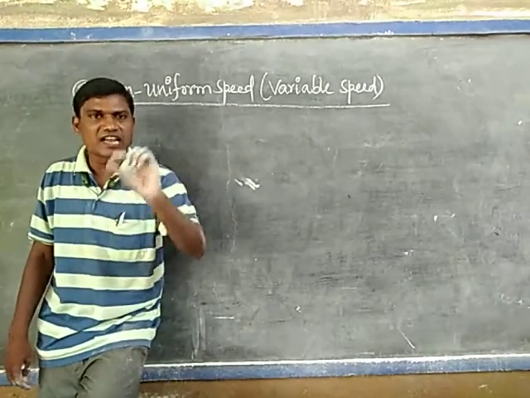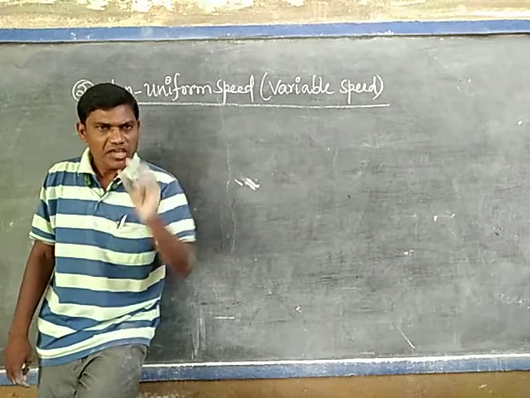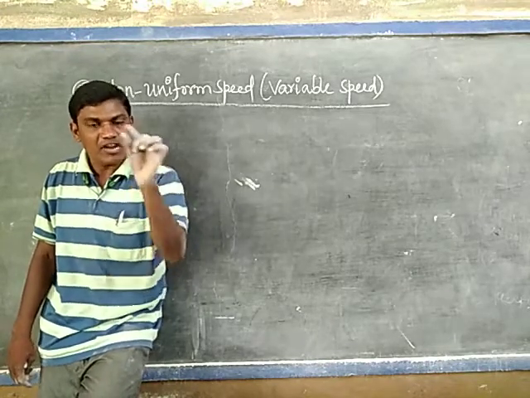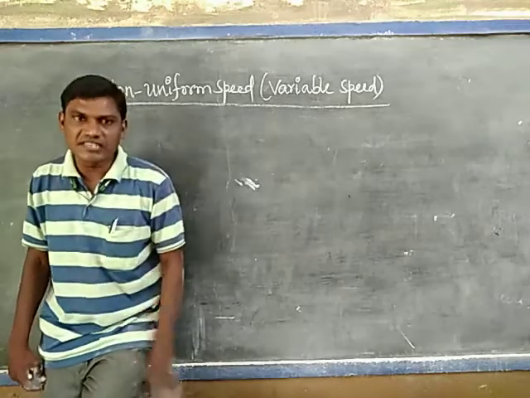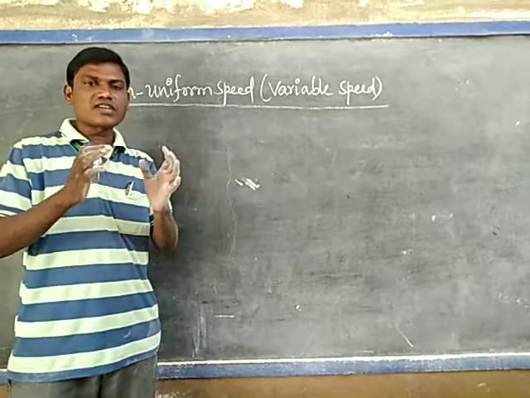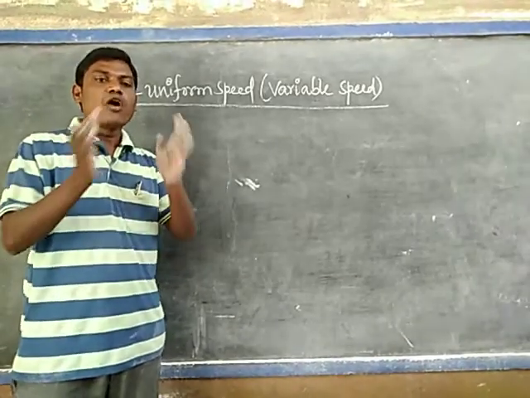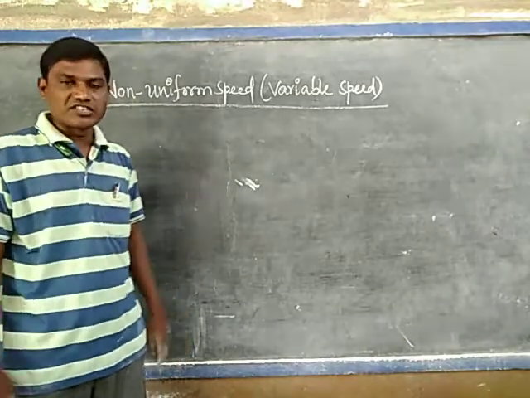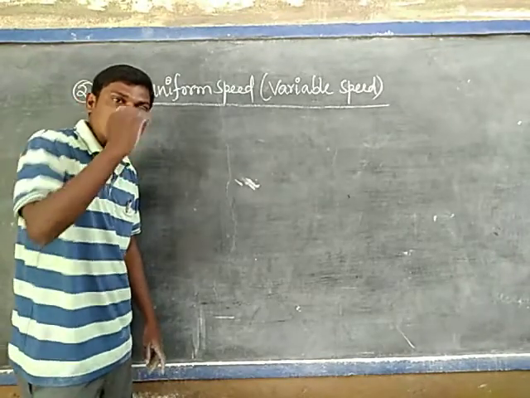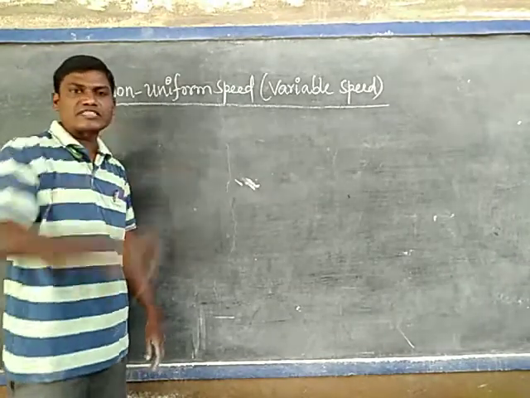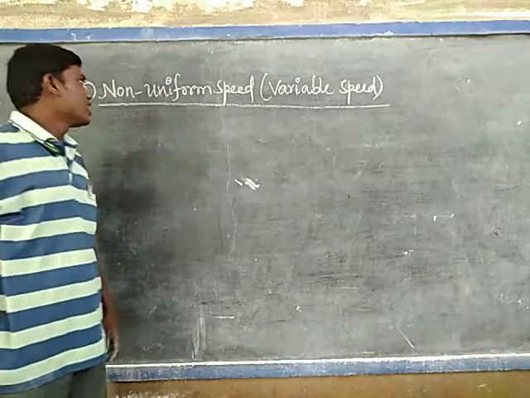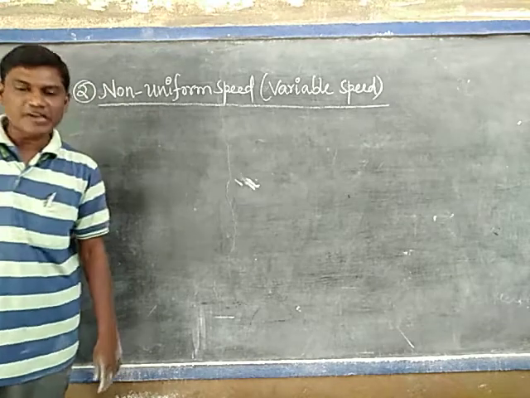And another one, slightly different: if a body covers equal distances in unequal intervals of time, then the body is said to be in non-uniform speed. But in most cases, to avoid confusion, we prefer the first definition: if a body covers unequal distances in equal intervals of time, then we say the body is in non-uniform speed.